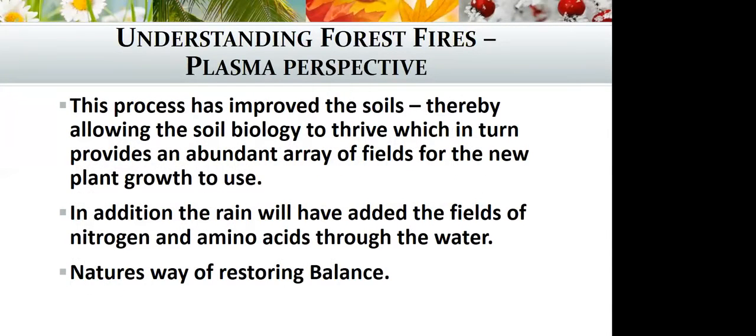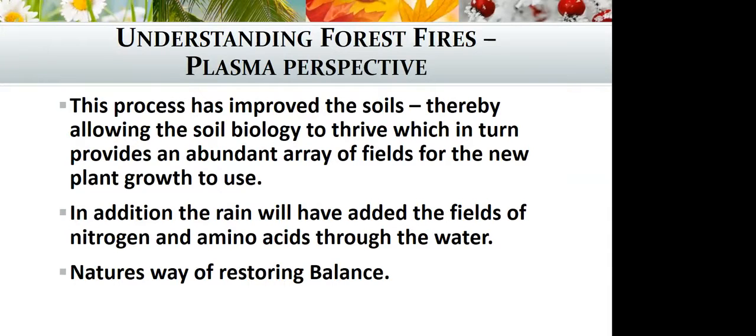So what you're getting is that this process has improved the soils, because now you've got those GANSes available to your plant. It allows the soil biology to start thriving, which in turn provides an abundant array of fields for the new plant growth to use, because you've got this huge array of different materials in your soil that have all been GANSed and can provide those fields.